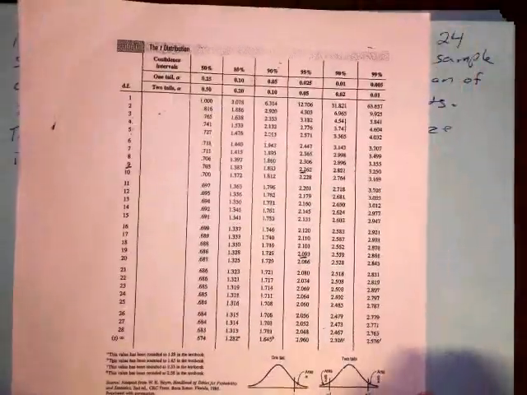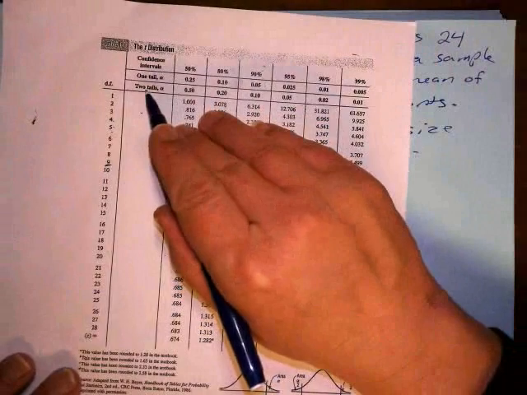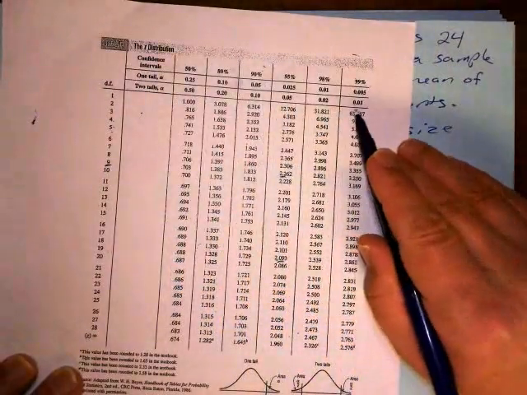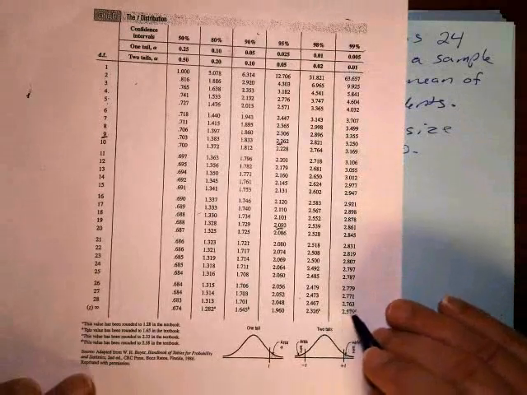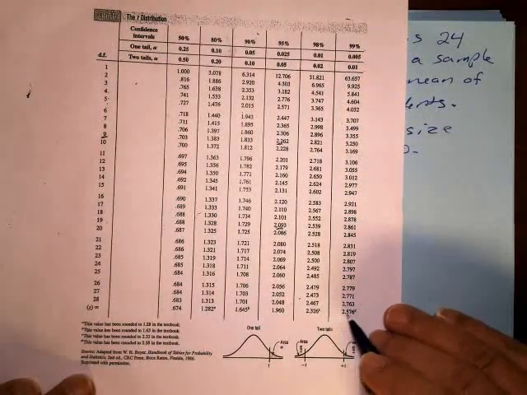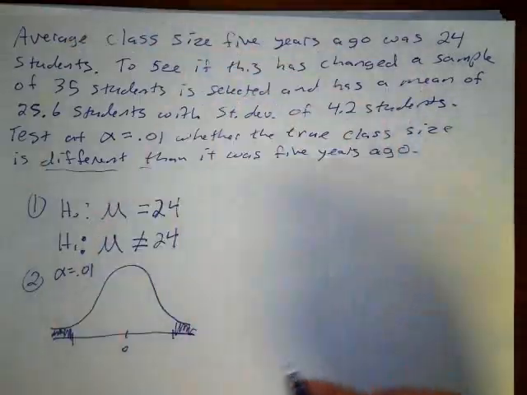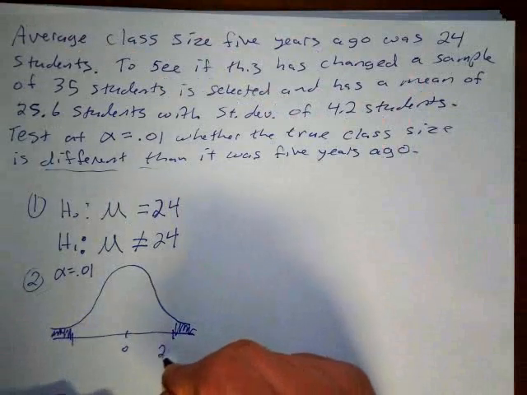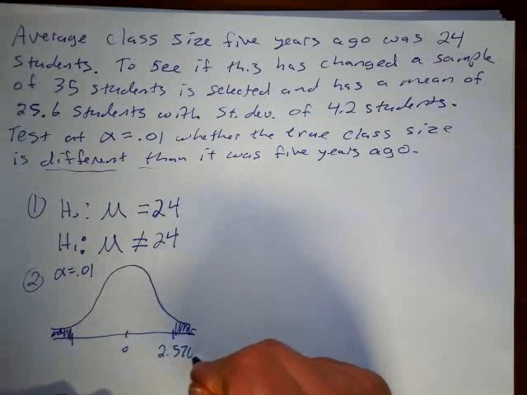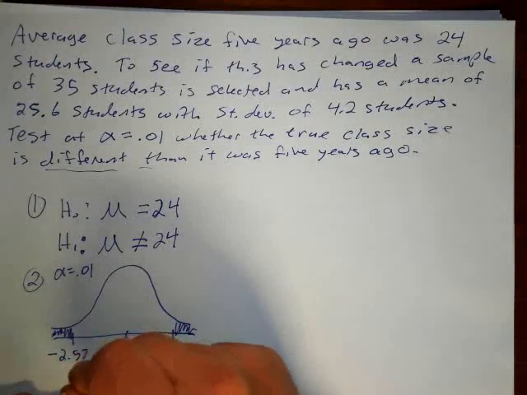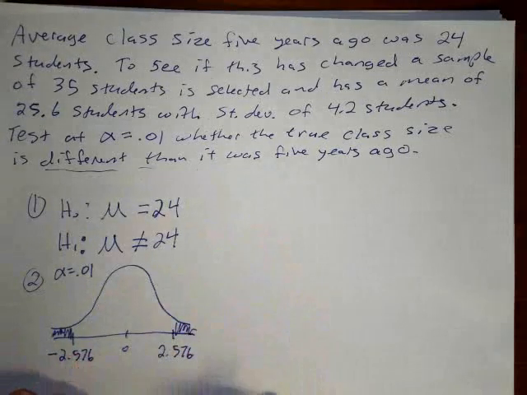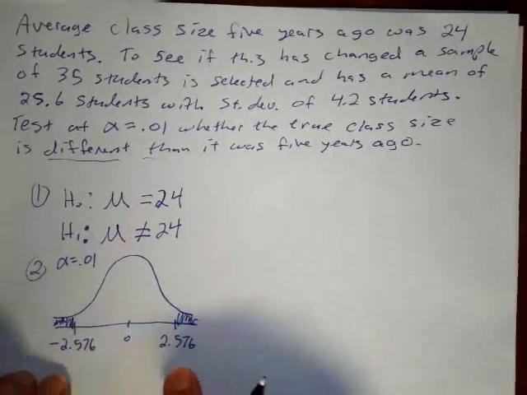So I go to my t-table, I go to two-tailed alpha, 0.01, and that ends up being this last column. And then I go all the way to the bottom to get the critical z value, and it's 2.576. So this is 2.576, and over here is negative 2.576. Okay, so you have the negative and the positive.